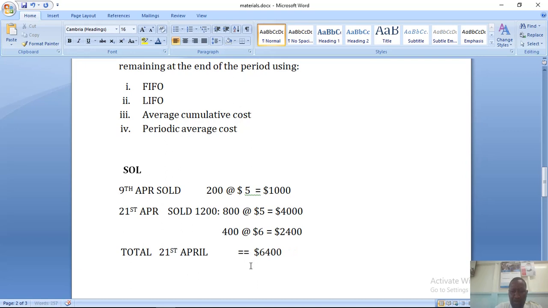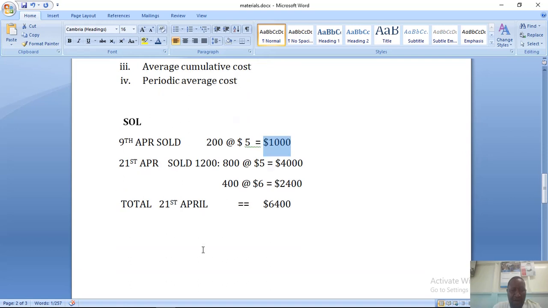So in conclusion, the total cost of issue for the whole period will be the $1,000 cost of issue for the 200 units issued on the 9th of April, plus the total cost, which is $6,400, for the 1,200 units issued on the 21st of April.